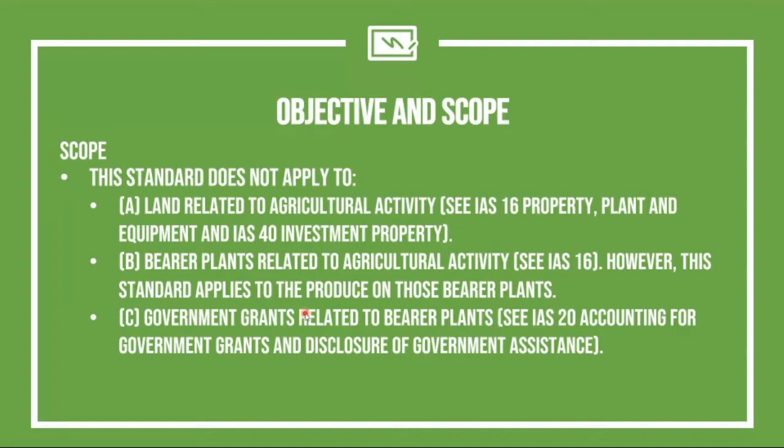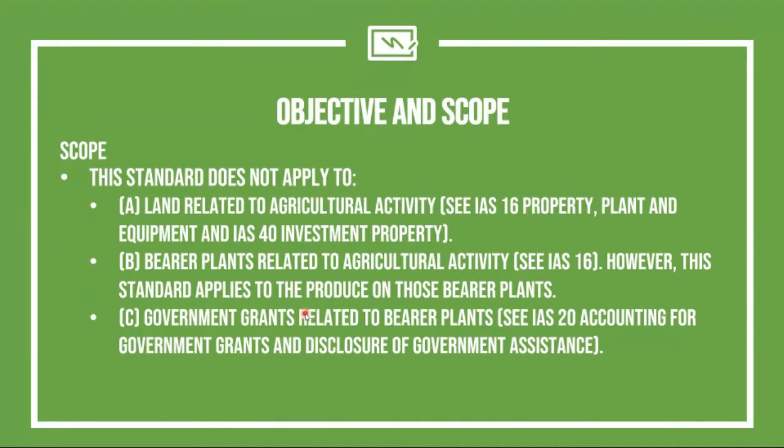In relation still with the scope, the standard specifies certain items that are not covered by it because they are already covered by a different standard. So first is letter A, land related to agricultural activity, because the land where all your biological assets are located is covered by IAS 16 if it is property, plant, and equipment, or IAS 40 if it is considered an investment property, as we discussed last time.